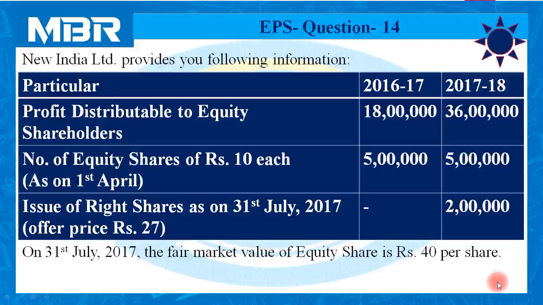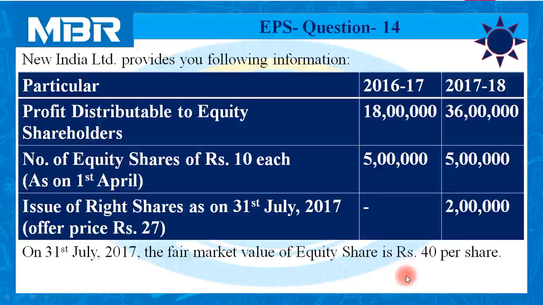Before learning the way of a solution, it should be clear in your mindset that whatever the way of presentation is, ultimately we need these many items as part of our question so that we can calculate earning per share when the company has offered right equity shares to the existing equity shareholders. I hope everyone is clear with the content given as part of our question.